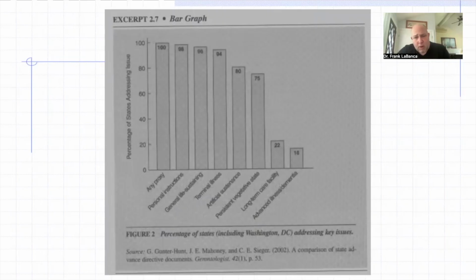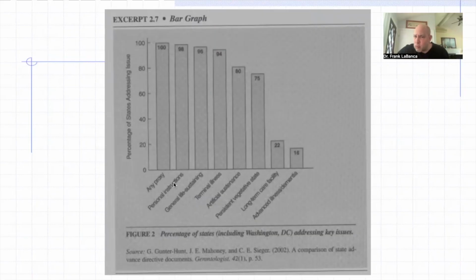So here's a bar graph. It's the percentage of states addressing key issues. You can see these are represented in bars: health care proxy, personal instructions, general life sustaining, and so on, those are being addressed.